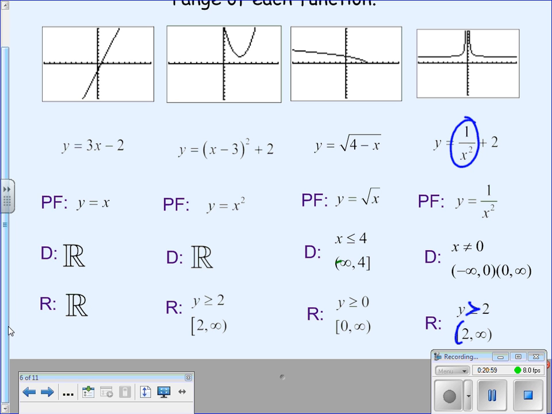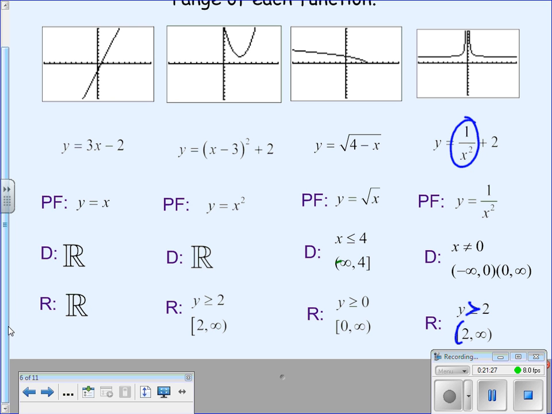Okay, can this be 0? Can this part of it, 1 over x squared, ever be 0? No. So it will always be a little more than 0. Maybe an infinitesimal bit more than 0, but it'll always be more than 0. Because when x gets really big, x squared gets really big, this goes close to 0, but it never actually is 0 itself, is it?